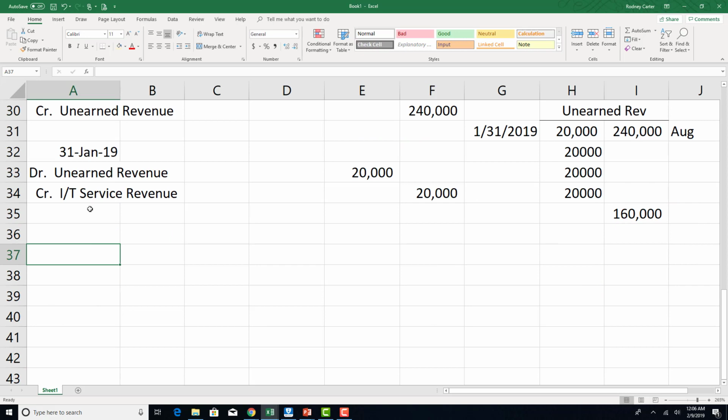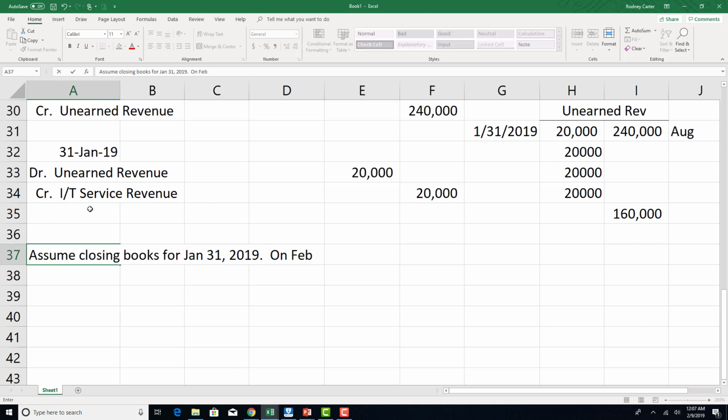Let's do a quick expense. I'll make it as simple as possible. Let's assume we're closing the books for January 31st, 2019.